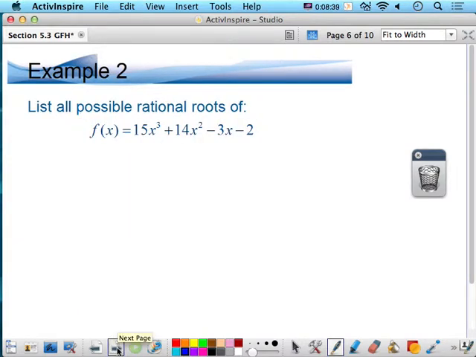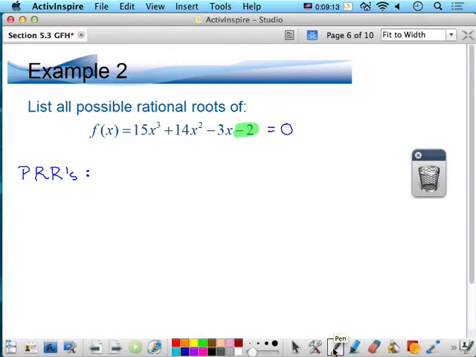Let's list all possible rational roots of the polynomial f of x equals 15x cubed plus 14x squared minus 3x minus 2. Now this problem is a little bit easier simply because it already has all integer coefficients. So if I just take it and set it equal to 0, and I generate a list of all of the possible rational roots by taking the factors of the constant, which in this case is negative 2.